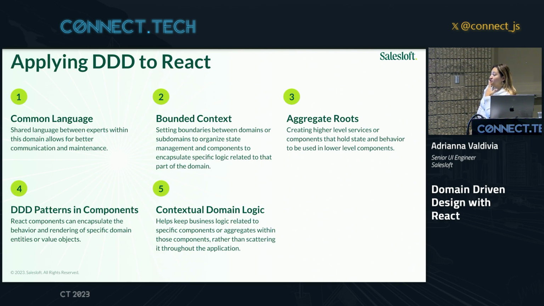And then contextual domain logic. If we're working within one domain, we understand that we don't step out unless it's required, but we have context as to where certain logic, domain logic, business logic has to exist within that domain.